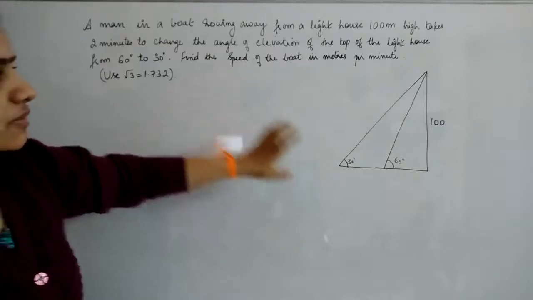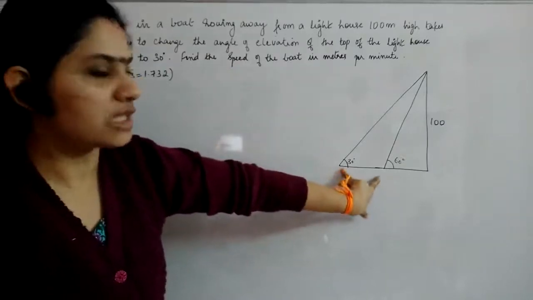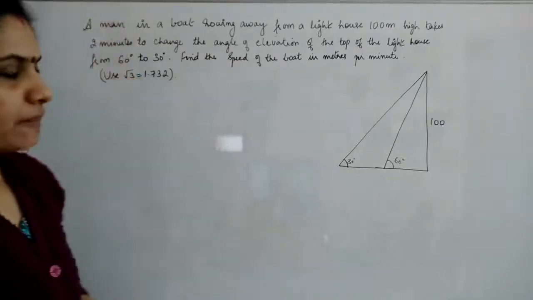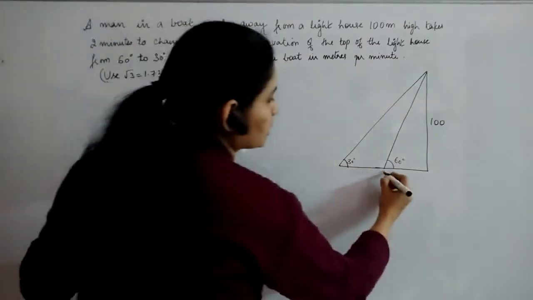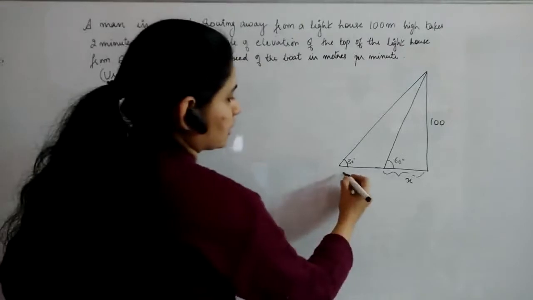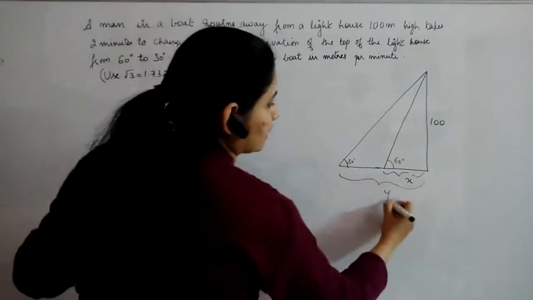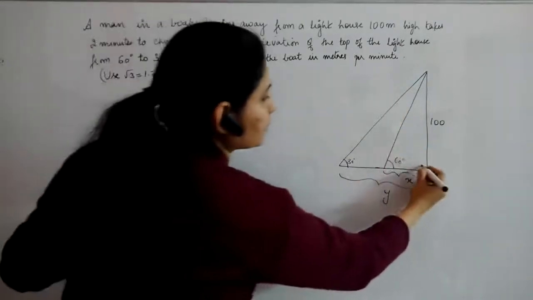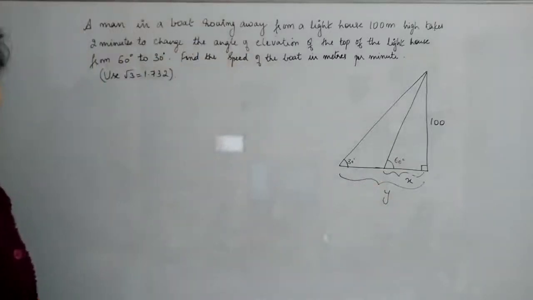Speed of the boat means the distance it changes, no? So first we need to find out the distance. For that, we have to consider the triangles and the trigonometric ratios.